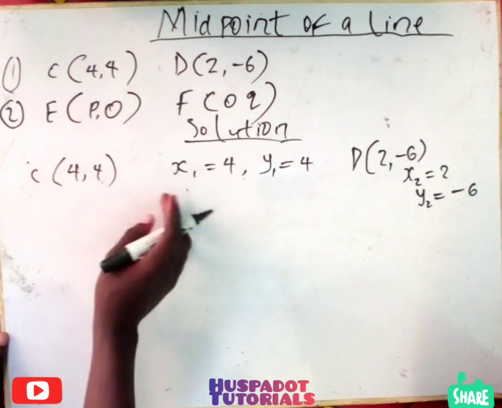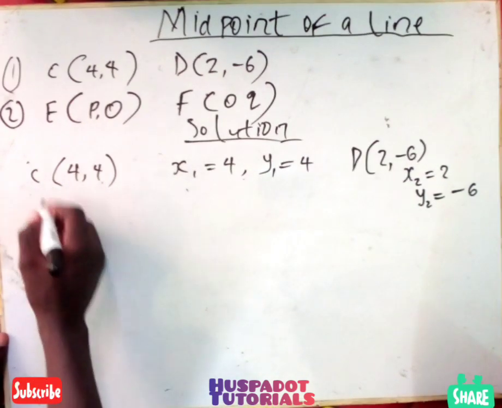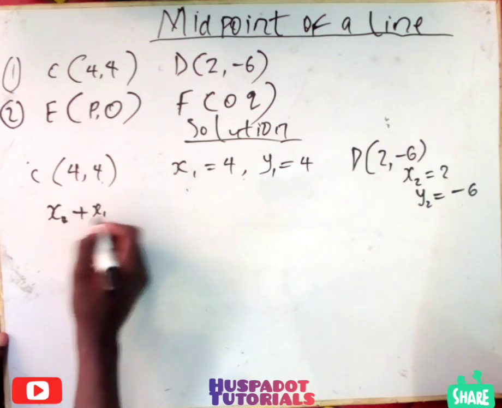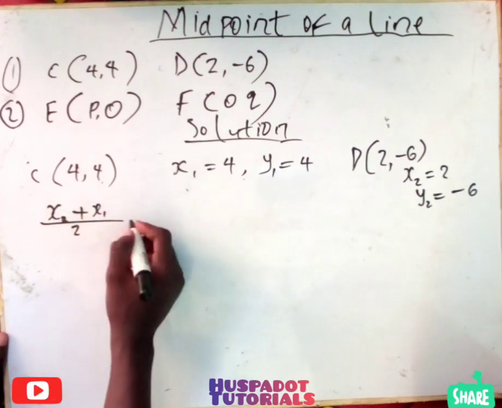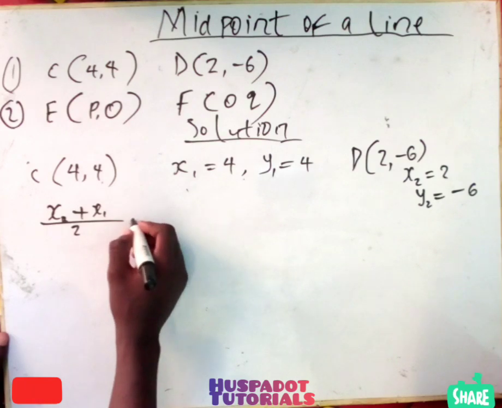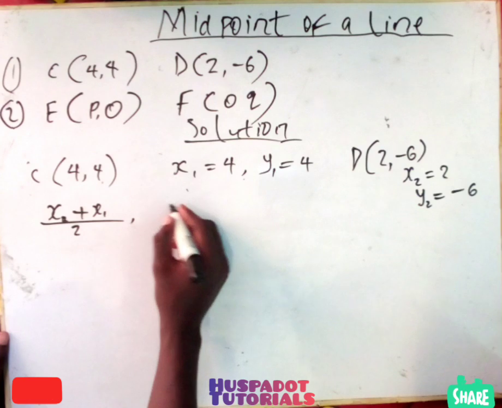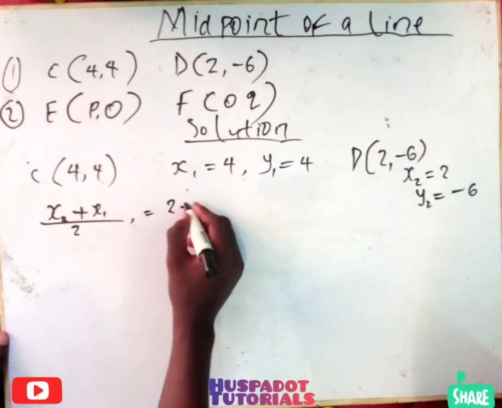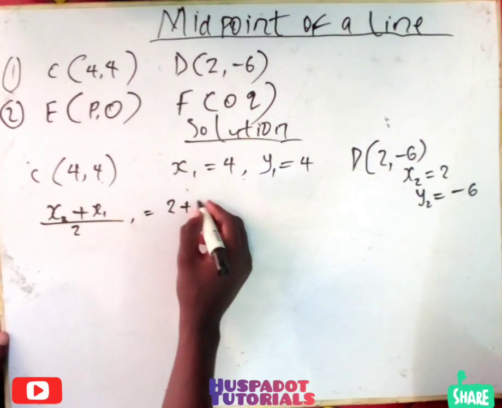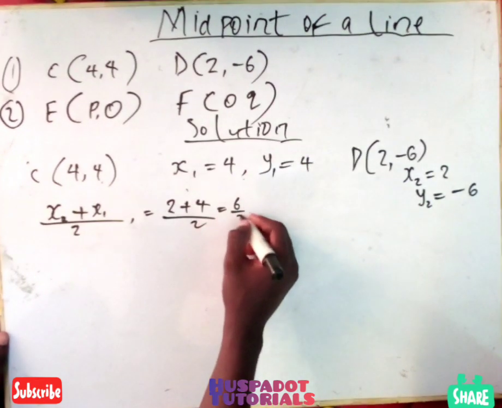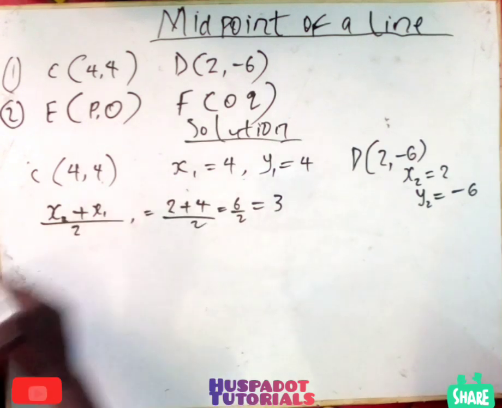So now, using the formula, the coordinate of the midpoint of a line on the x-axis is x2 plus x1 over 2. So our x2 is 2 plus 4 all over 2, which is 6 over 2, and that is 3.